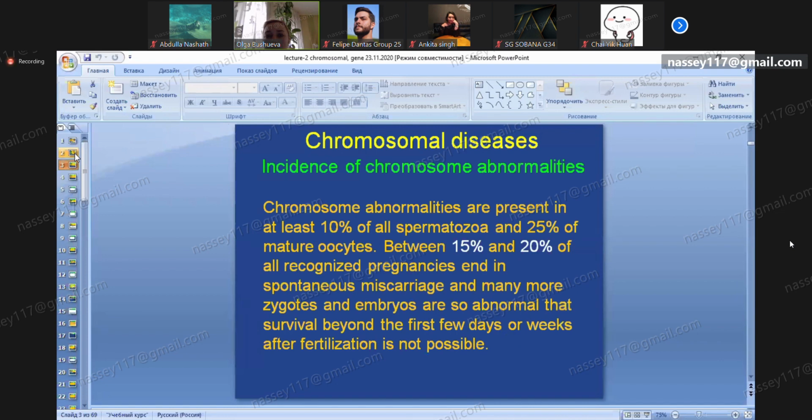Chromosome diseases are present in at least 10% of spermatozoa and in 25% of mature oocytes. Between 50% and 20% of all recognized pregnancies and in spontaneous miscarriage, and many more zygotes and embryos are so abnormal that development beyond the first few days or week after fertilization is not possible.